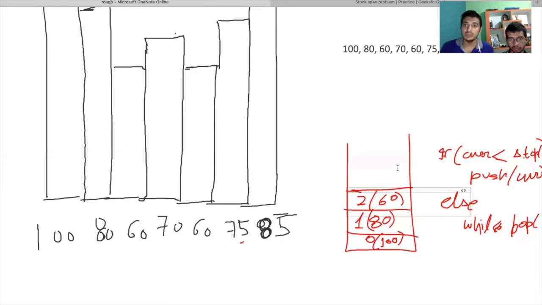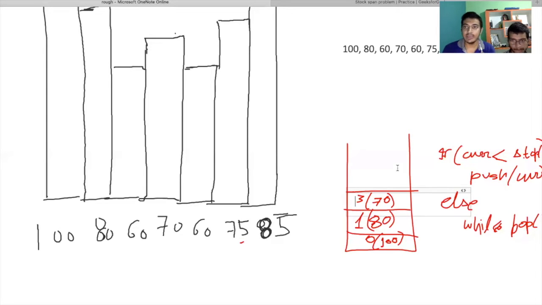So we pop out 60 because 60 is less than 70, and that is what we need to do, right? We have to find the elements on the left side of the current element which are less than or equal to the current element. So we pop 60 and do count plus plus, we increase the counter, right? Now the computation of 70 is done, and at last we push 70 into the stack. The computation of 70 is done.